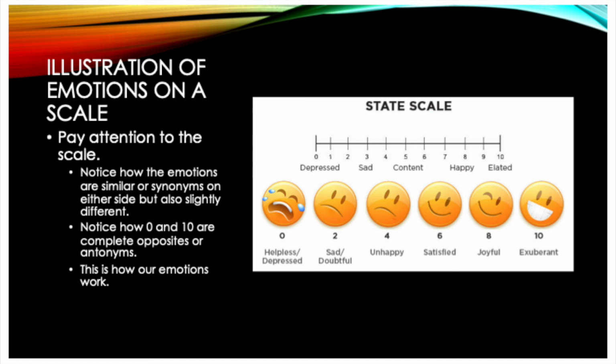They're different, but they have that same happy feeling. They're in the same category, I would say, of happiness, but they're different nonetheless. And 0 and 2 are different. They're very different, but they're still in the same category of unhappy.